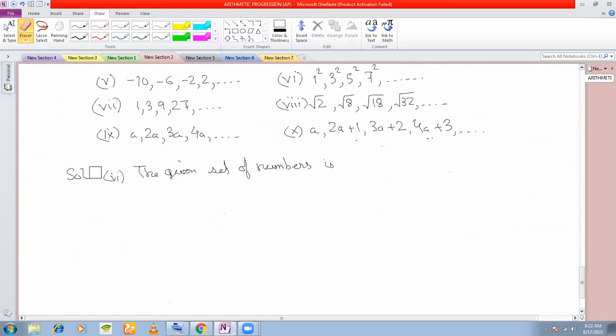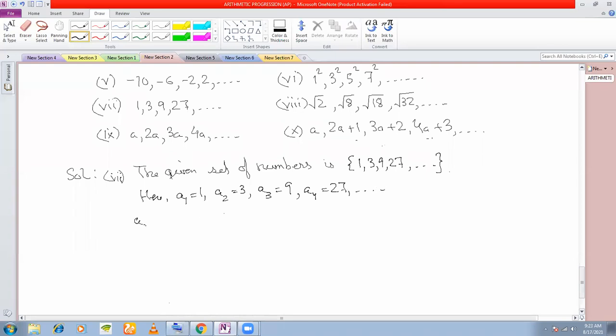Next is number 7. Here A1 is 1, A2 is 3, A3 is 9, A4 is 27, and so on.